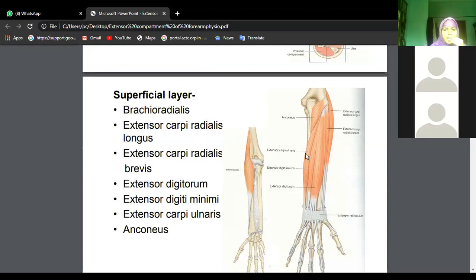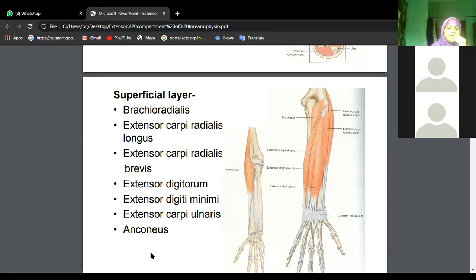After brachioradialis, we have extensor carpi radialis longus, then extensor carpi radialis brevis, then extensor digitorum, then extensor digiti minimi, then extensor carpi ulnaris. Apart from that, we will also see anconeus.